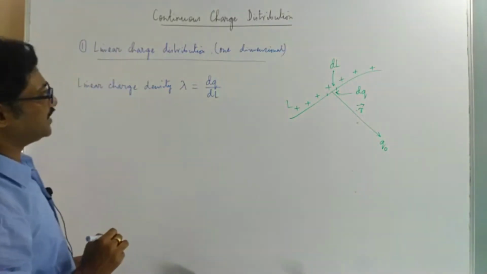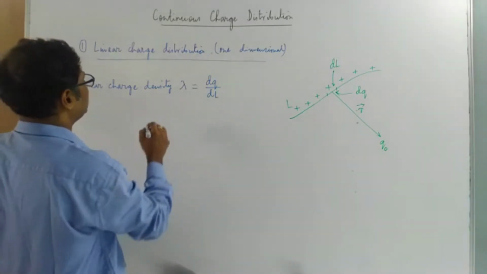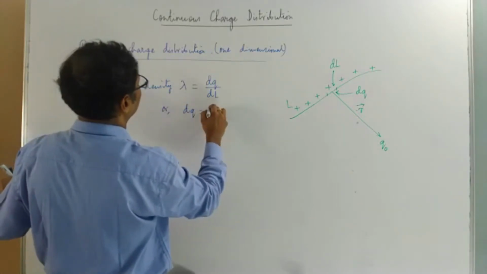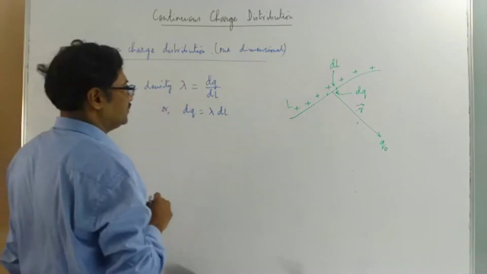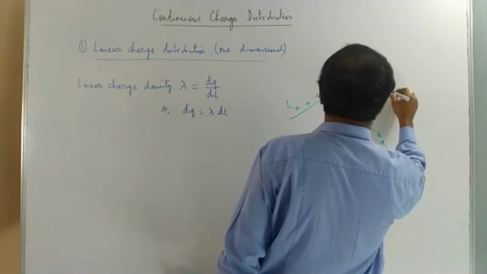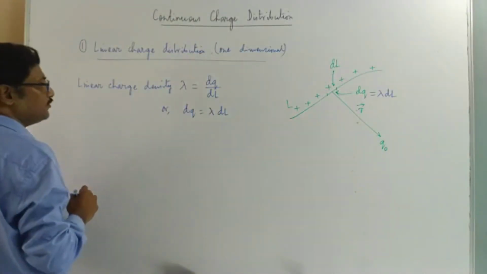This can be termed as dq by dl. So from this I can easily write dq is equal to lambda into dl.